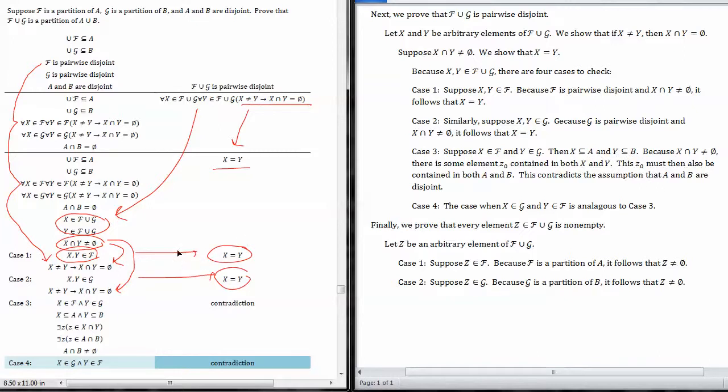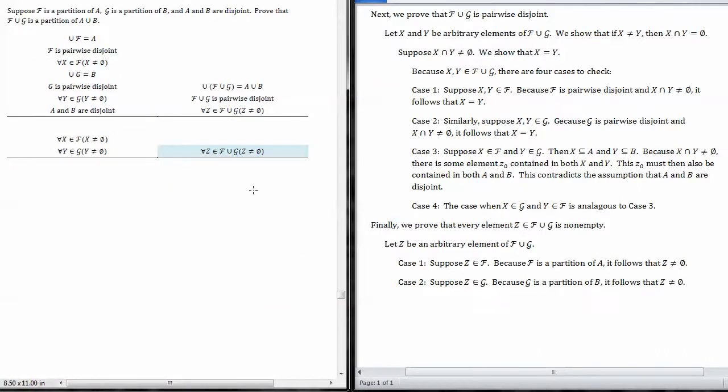And then because x intersect y was non-empty, we had some element z0 contained in both. Okay, but then combining that with what we have up here, the z0 must also be in A and B, and that contradicts the assumption that A and B are disjoint. Okay. In case 4, we'll just say it's analogous to case 3. It's really nothing new there, just some letters swapping places.